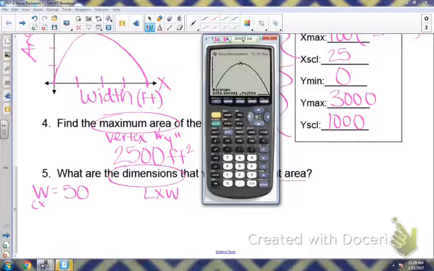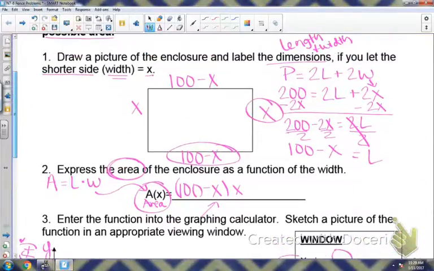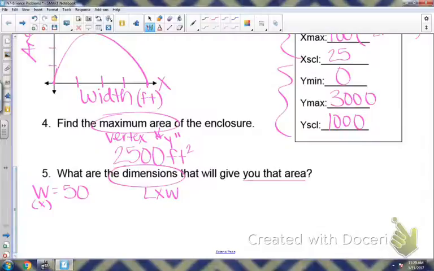Since we know that, if you look back up at the top, the length is going to be 100 minus X. So 100 minus that 50, which would also be 50.